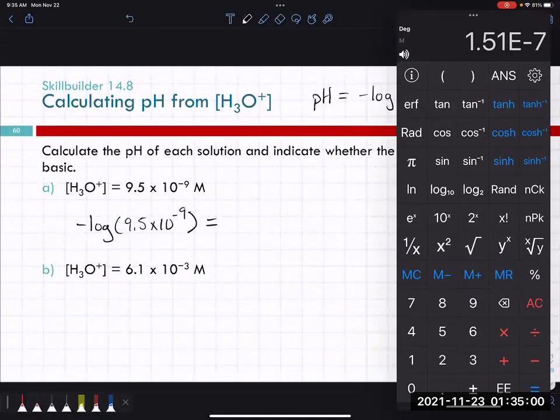If you have a phone calculator, it's going to look very similar to this. I'm at 9.5 e to the negative 9 equals, and then I'm going to do the log, and then I'm just going to take the negative, or you can multiply this by negative 1 if you want, to get an answer of 8.02.